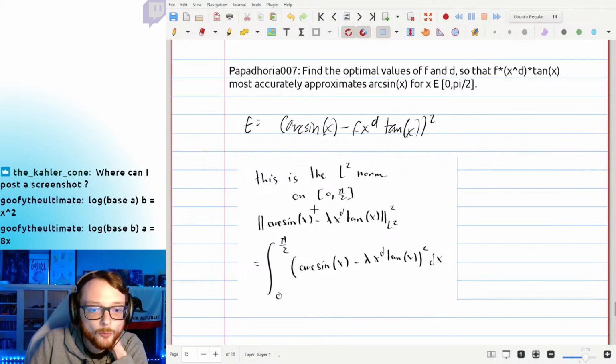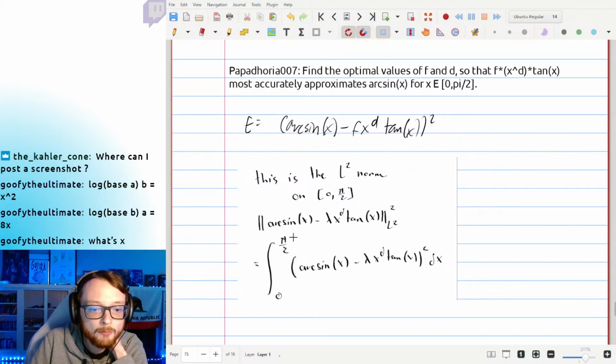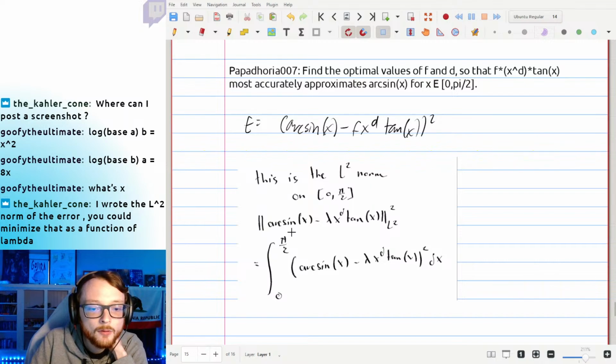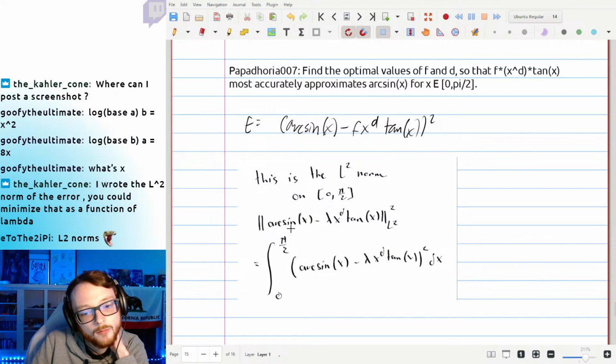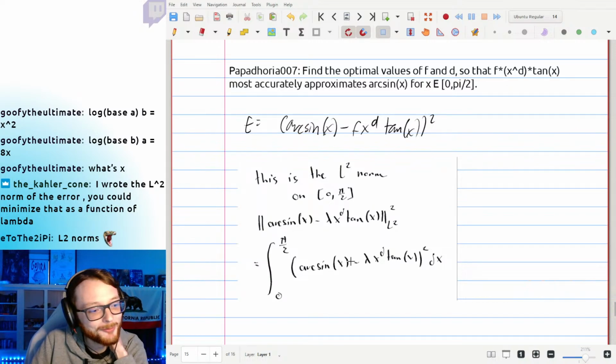This is the L2 norm on 0 to pi over 2. Huh. Hey, Zach. So, do you integrate this, or what do you do with this?